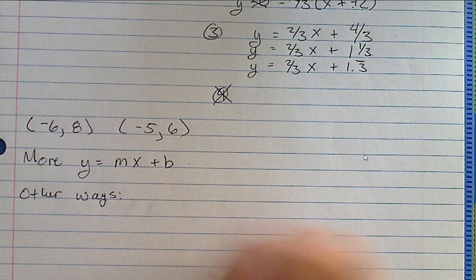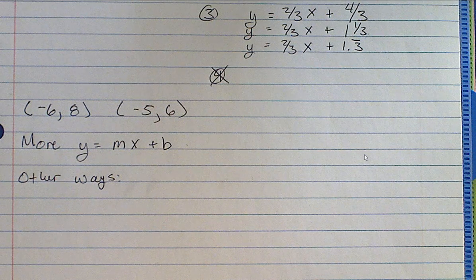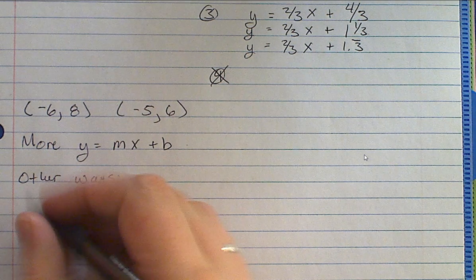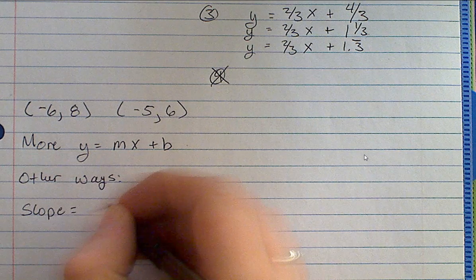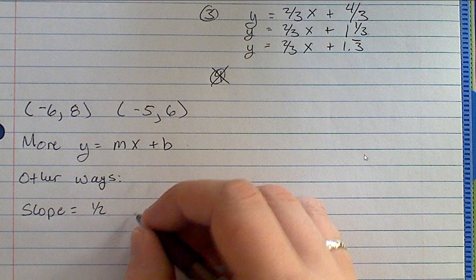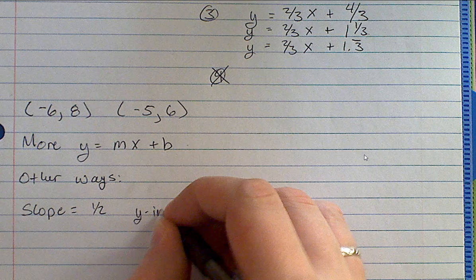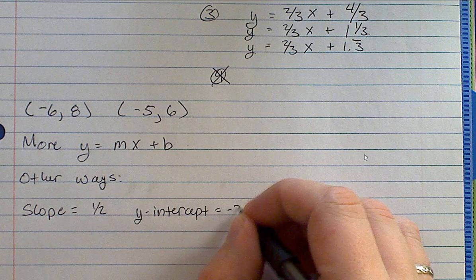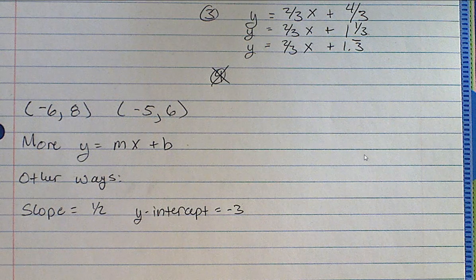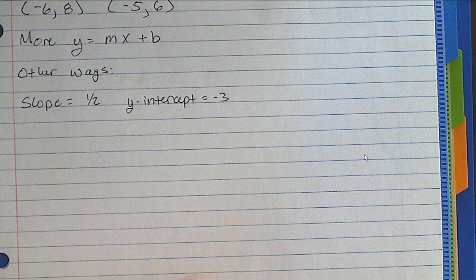So let's say that you have a line where you know that the slope is equal to 1/2, and you know that something called the y-intercept is equal to -3. And you need to find the equation of the line that is in slope-intercept form. This is actually the easiest possible thing I'm going to be asking you about this entire unit.